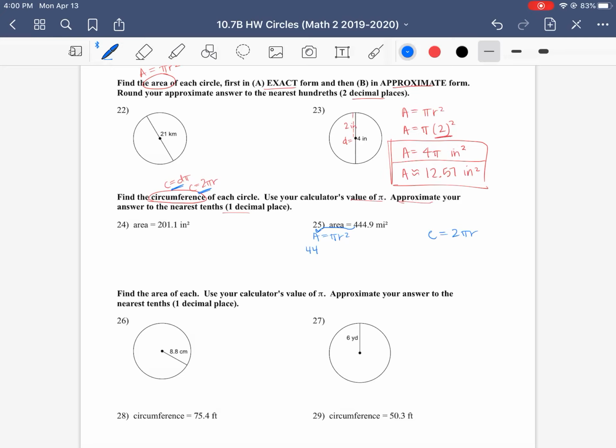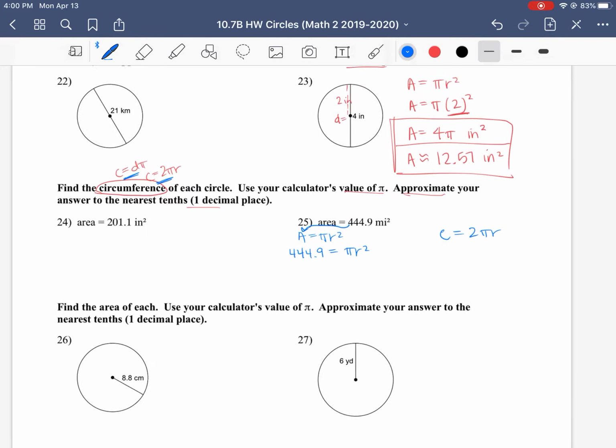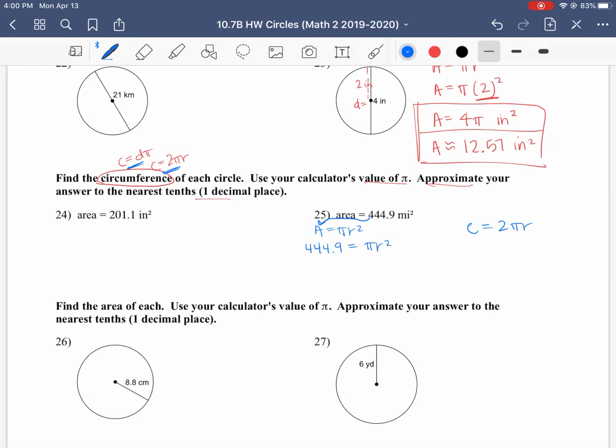Let's put our area in here. 444.9 is equal to pi r squared. Okay, now we're solving for r. I'm going to zoom in just a little bit. So we want to get rid of that pi. Now if it's multiplying, we do the opposite of multiplication. If we multiply one side, then we have to divide, I mean whatever we do to one side, we need to do to the other side.